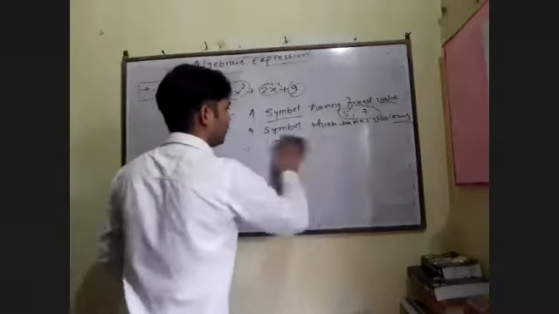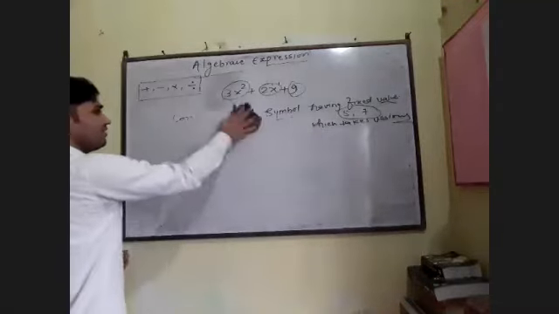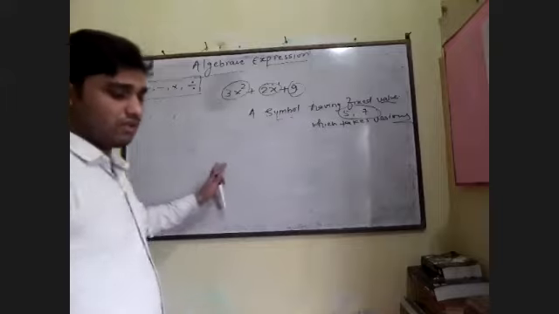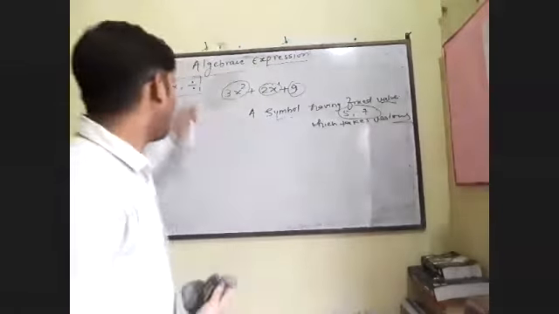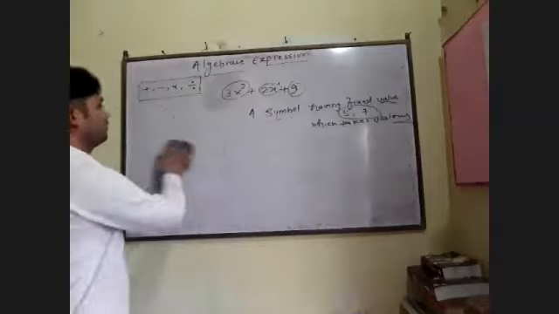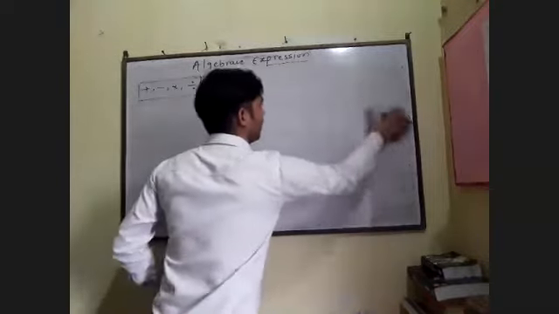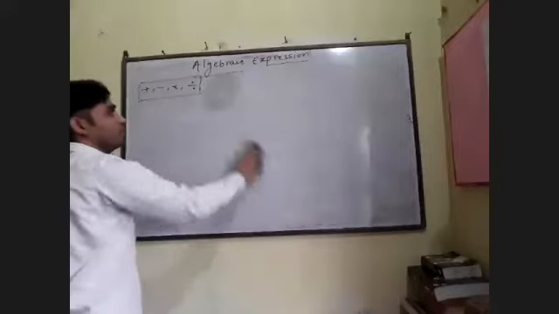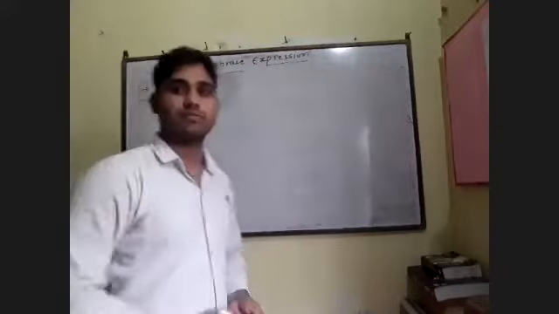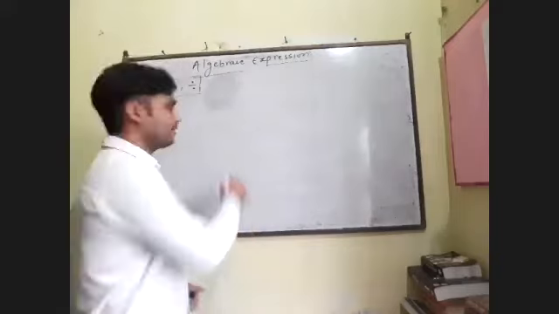Okay, let's see now. Basically, we have already studied all this. Now we have to study how to add the algebraic expressions and how to subtract the algebraic expressions. And do you know what are the types of algebraic expressions? Let's see. Monomial.